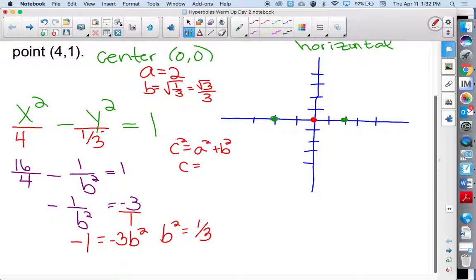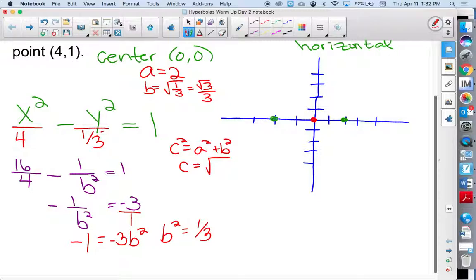That would be 4.33, but then find the square root.